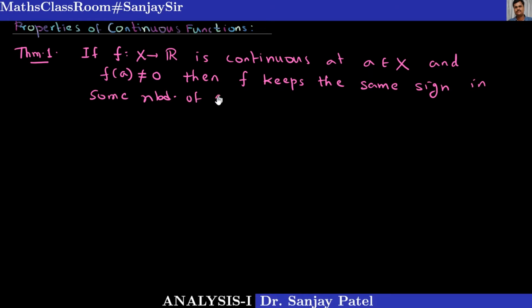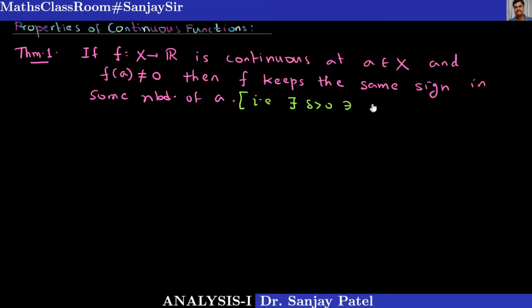of the point a. That means you can write it in a different form. That is, we can find some delta neighborhood of the point a. There exists some delta greater than 0 such that the function has the same sign, either positive or negative, for every element in that neighborhood.